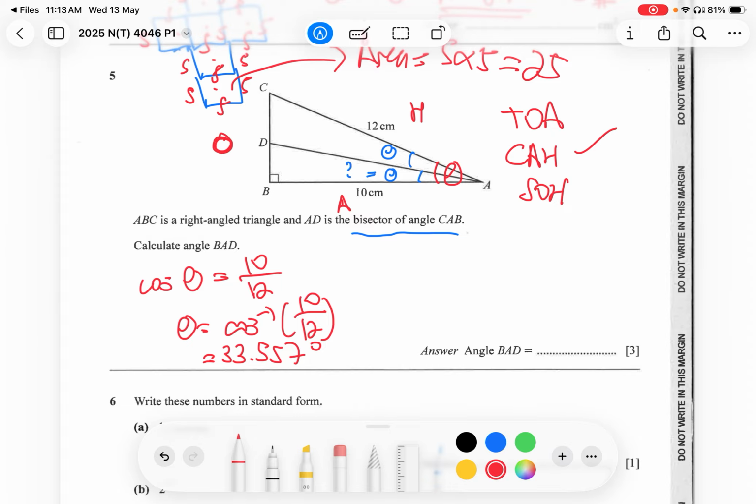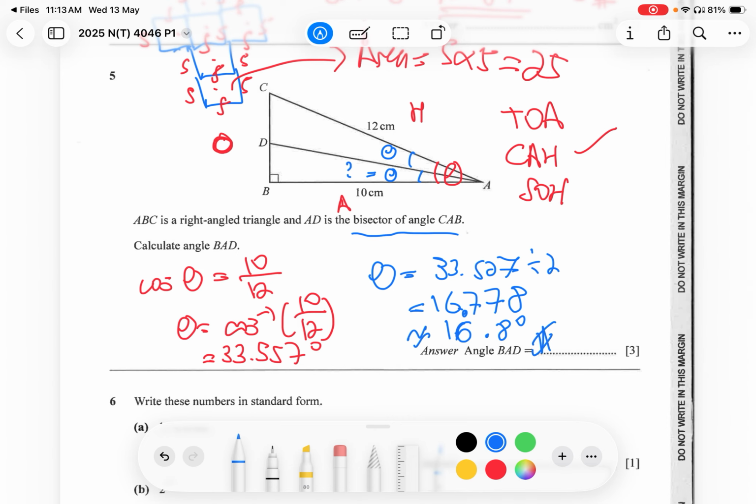But I want the blue color part BAD, right? So this angle here is 33.557 divided by 2, 16.778, which you then round off to one decimal place: 16.8 degrees, 1 dp.